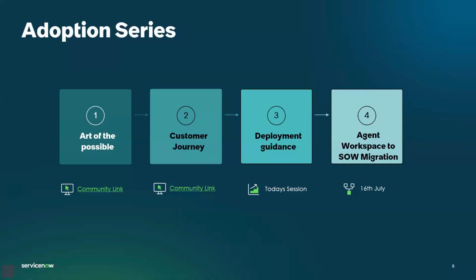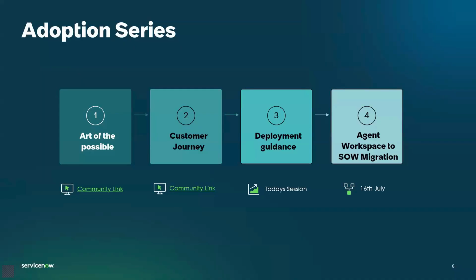Then on our second session, we went over the different phases of adoption and also gave a demo on configuring the landing page. On today's session, we are going to continue with the configuration of the landing page and of the record page, and also do some customization. And on our last session next week, we are going to be covering how to migrate from Agent Workspace to Service Operation Workspace.